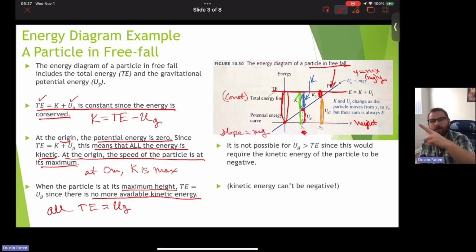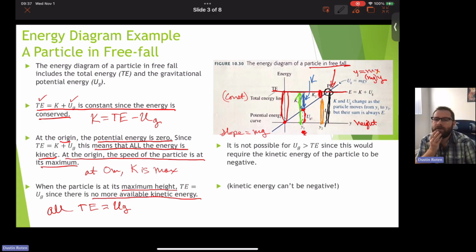When the gravitational potential crosses the total energy, the distance is 0, so there's no more kinetic energy. All of this is gravitational potential.